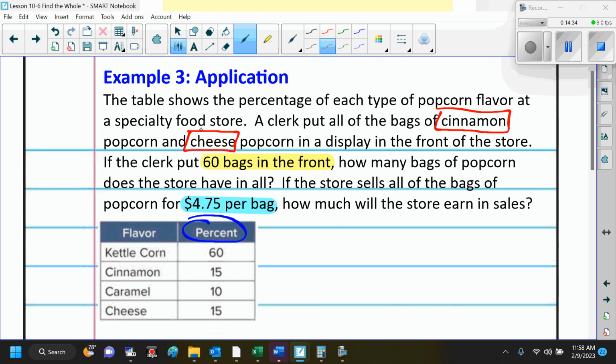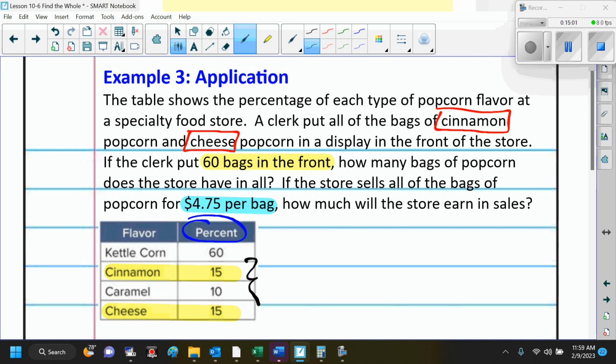So what percent of the popcorn is cinnamon? 15% is cinnamon. And what percent of the popcorn is cheese? 15. So what percent of the entire inventory did they put in front of the store? 30%. Is everybody clear with that?